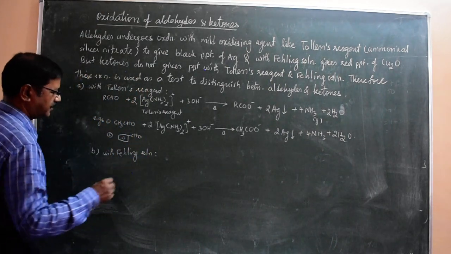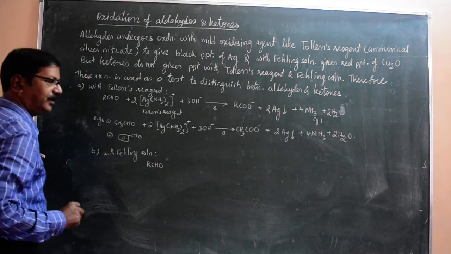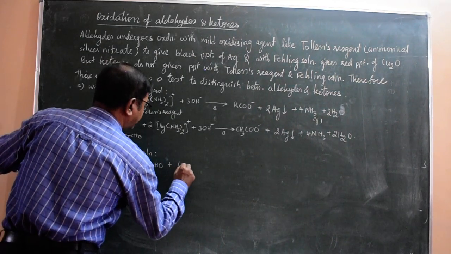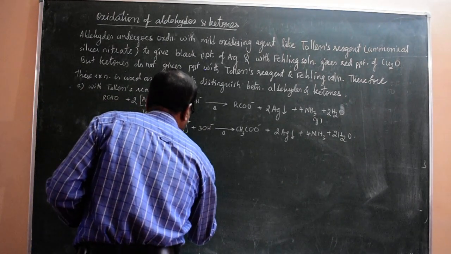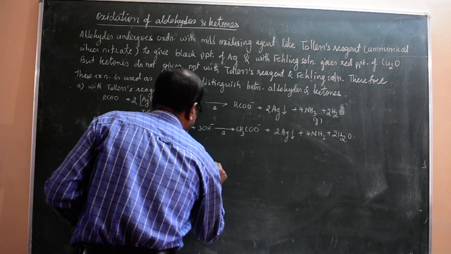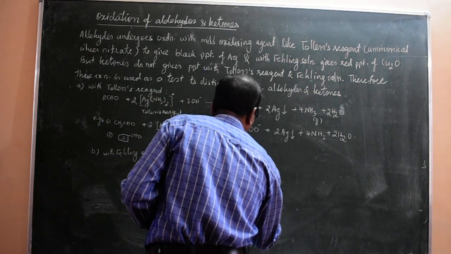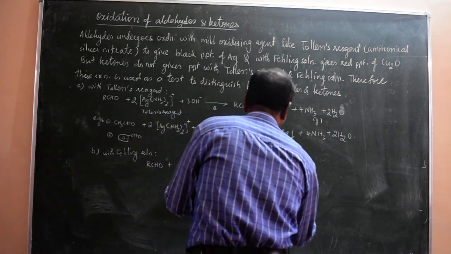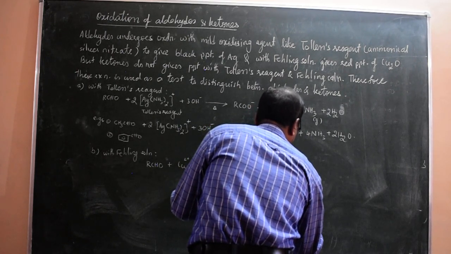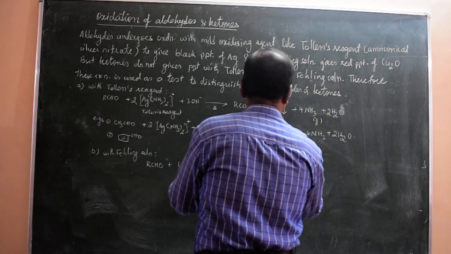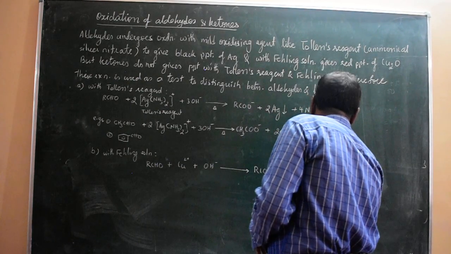So the equation is aldehyde RCHO, then cupric salt Cu2+, plus OH minus, gives RCOO minus, then you are getting cuprous salt, red color precipitate. Here we have black, here we have red color precipitate, and then H2O.